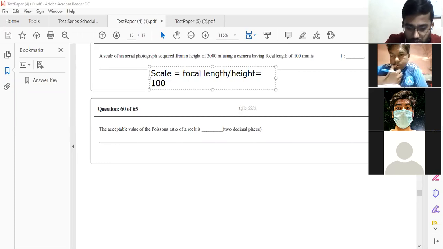So focal length is 100 mm divided by your height 3000 meters. You need to convert the units here.